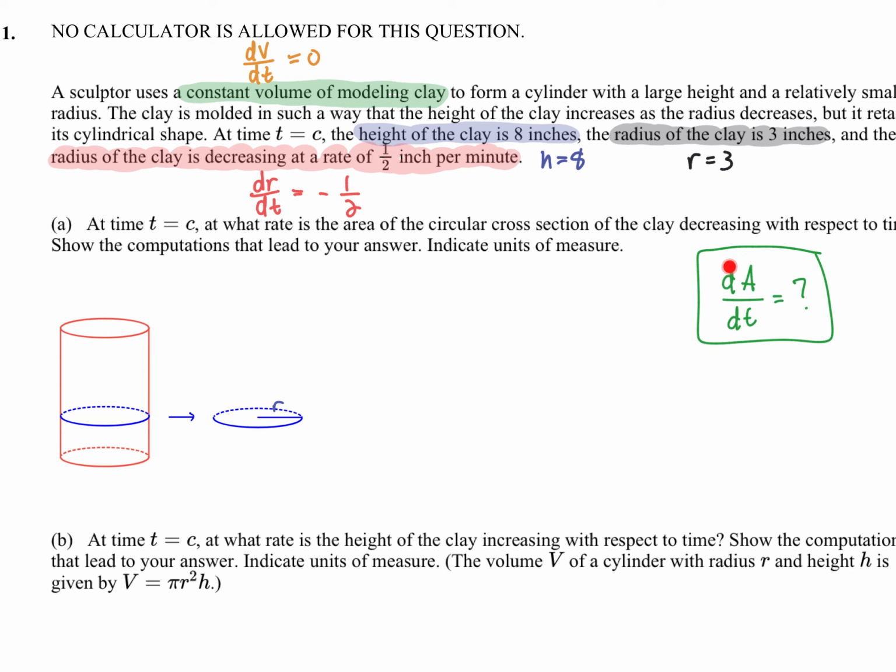The variables are area, because we need dA/dt, and there's only one formula for area of a circle, pi r squared. Next, take the derivative with respect to time. So the derivative of area with respect to time is just dA/dt.